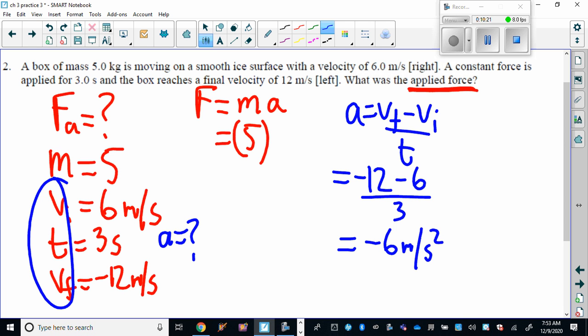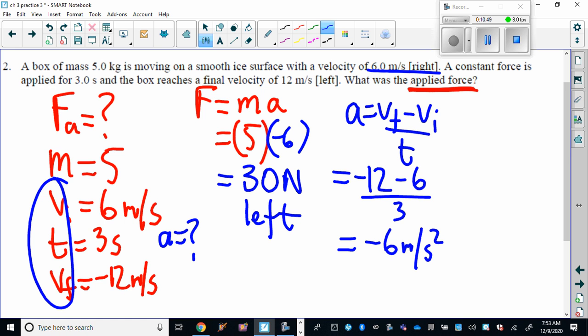Let's remember here, I designated right as being positive, therefore it's accelerating to the left. I can plug that number in, I can put positive or negative, it doesn't really matter. I get 30 newtons, and what is the direction? What was the applied force? Clearly it was left. So there's the answer to that question.